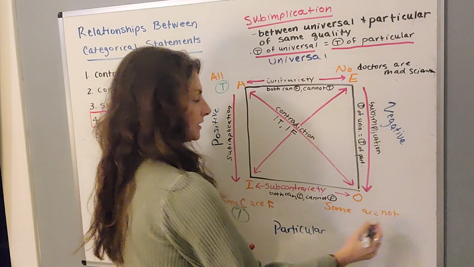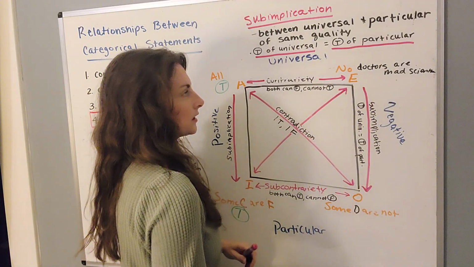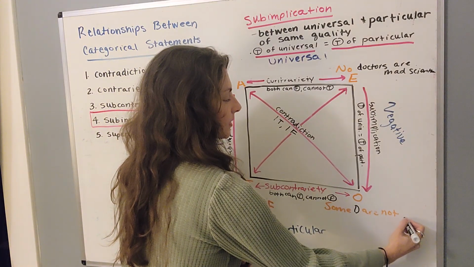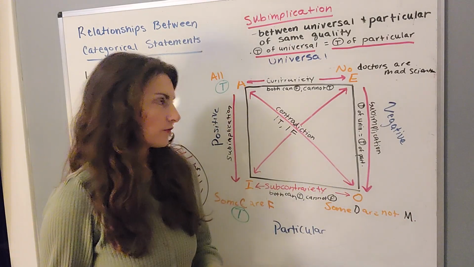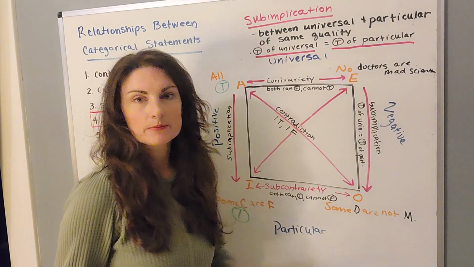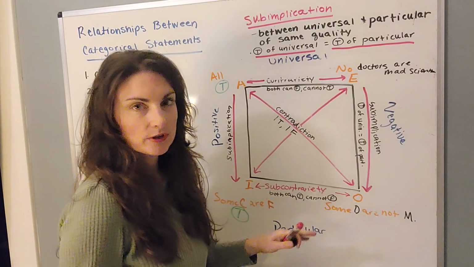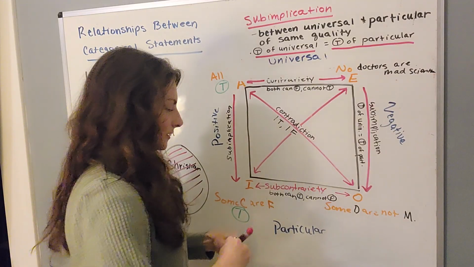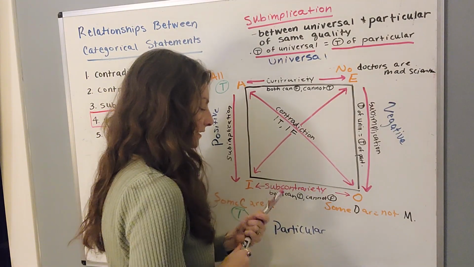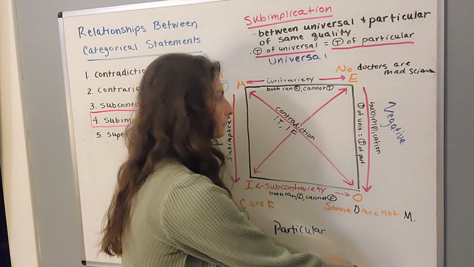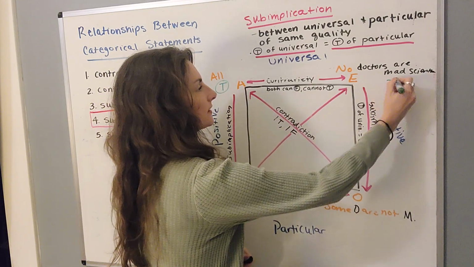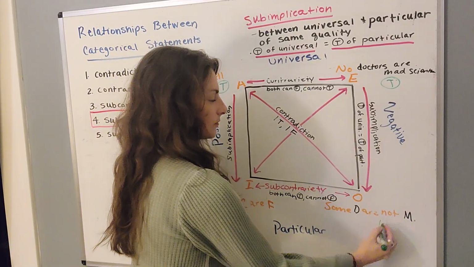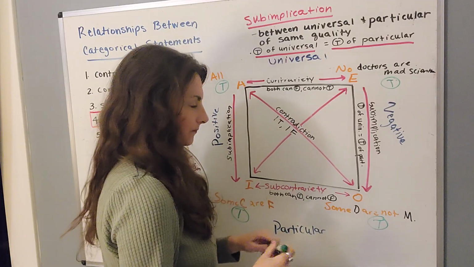I'm going to do D for doctors, "Some D are not M," with M for mad scientists. So we're still talking about the same subject and the same predicate. I have just abbreviated it for space and time's sake. Let's test this one. Let's say that "No doctors are mad scientists" is true. By the rule of subimplication, this necessarily has to be true as well.